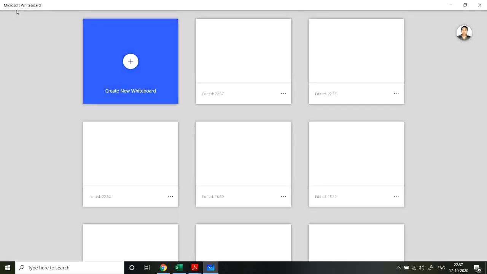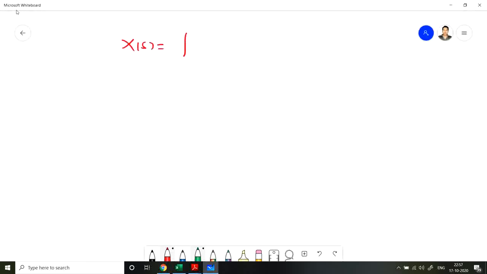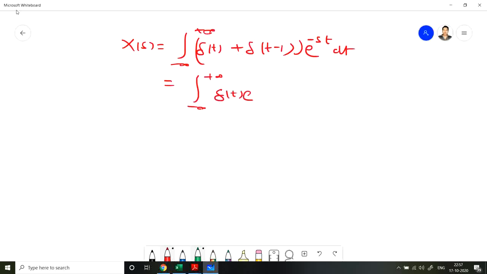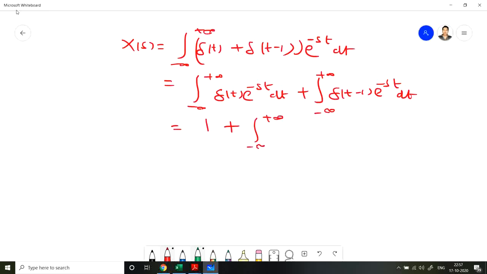So the Laplace transform of this signal is X(s) equals the integral from minus infinity to plus infinity of delta(t) plus delta(t minus 1) times e raised to the power minus st dt, and that equals the integral of delta(t) e raised to the power minus st dt plus the integral of delta(t minus 1) e raised to the power minus st dt, and that equals 1 plus, here we can apply the property again, e raised to the power minus s into 1.